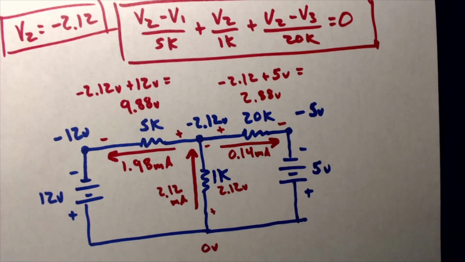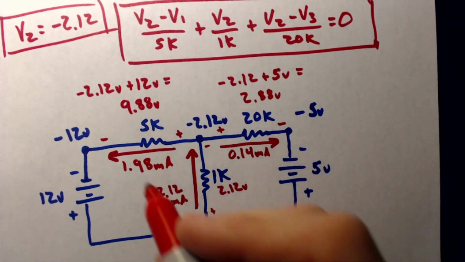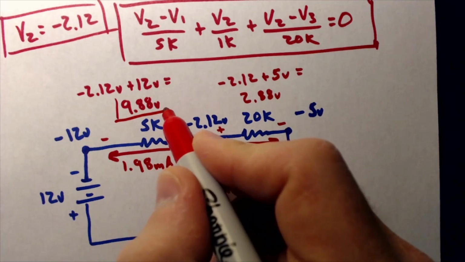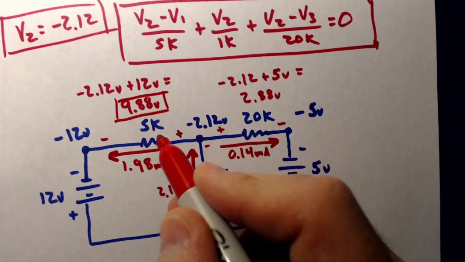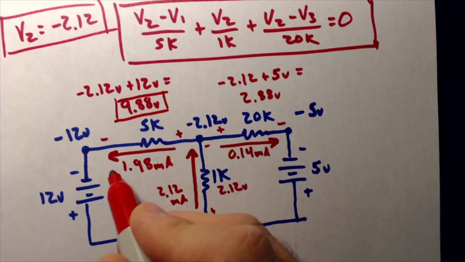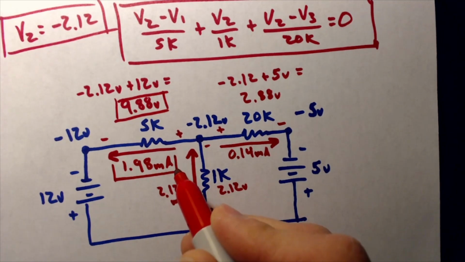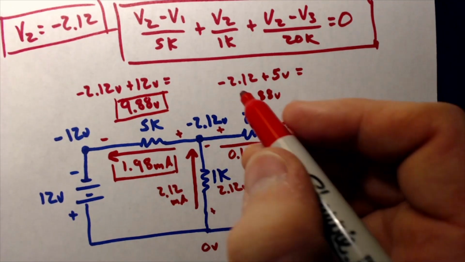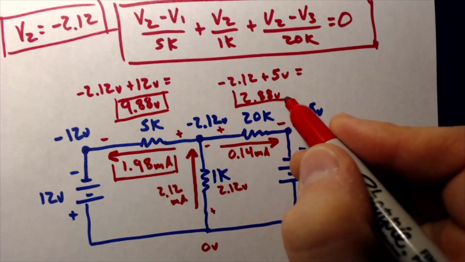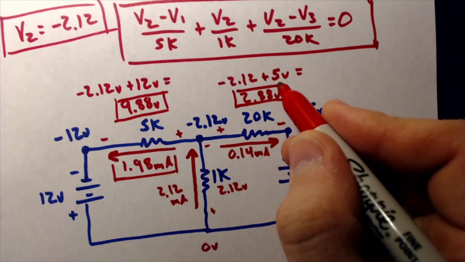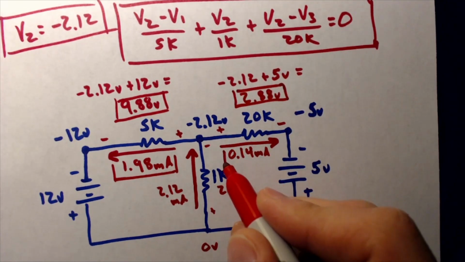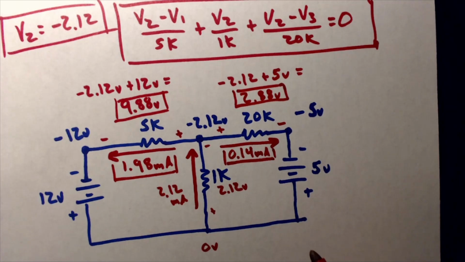Cool. Okay, so as far as the answers for these problems, that's our voltage drop for the 5K, and this was the current. Over here, voltage drop across the 20K, and our current for that one.